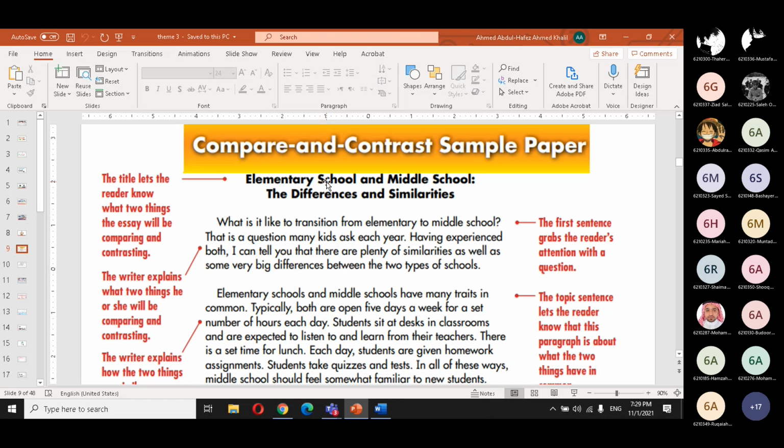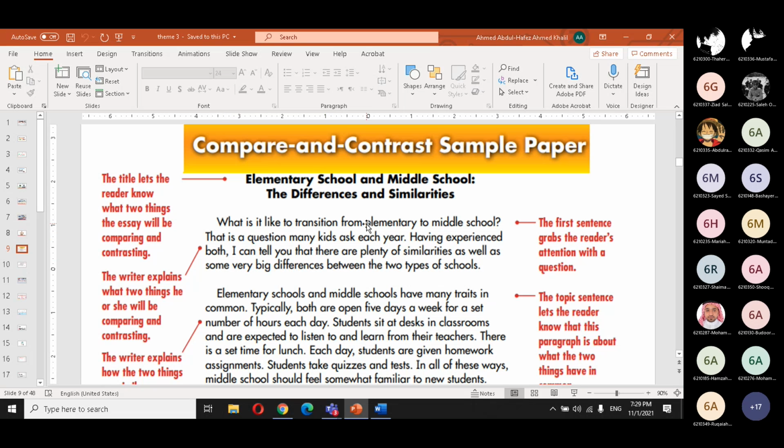Okay. لو انا قلت لكم قارنوا لي بين المدرسه الابتدائيه والمدرسه الاعداديه، لو قارنتوا بين الاثنين اكيد في تشابهات وفي اختلافات. اوكي، يعني there are some similarities between primary school and intermediate school, and also at the same time there are differences. Okay, so let's have a look at the introduction.